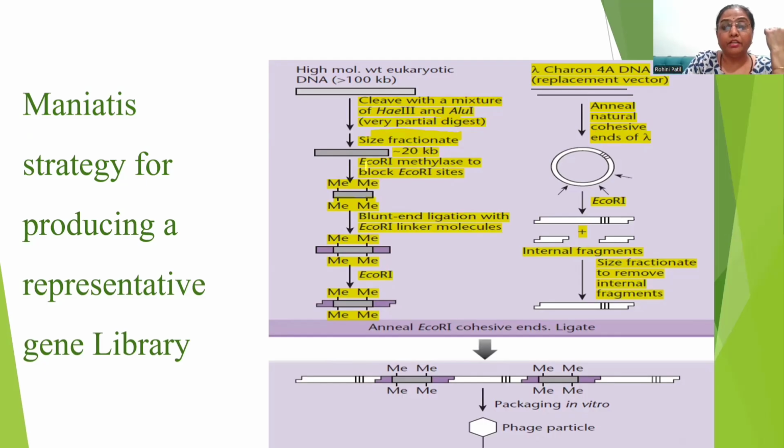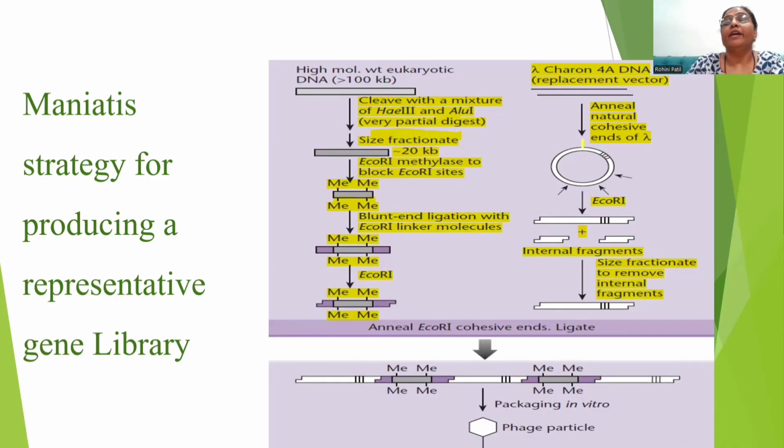Now here, the use of the EcoRI methylases is hiding the EcoRI sites which are present over this 20 kb fragment, so that when we are treating our 20 kb fragment with the EcoRI enzyme, at that time this 20 kb fragment is going to be an intact one. It is not going to be digested with the EcoRI enzyme. That's why there is a need of what? There is a need of this EcoRI methylases to methylate the EcoRI restriction site.